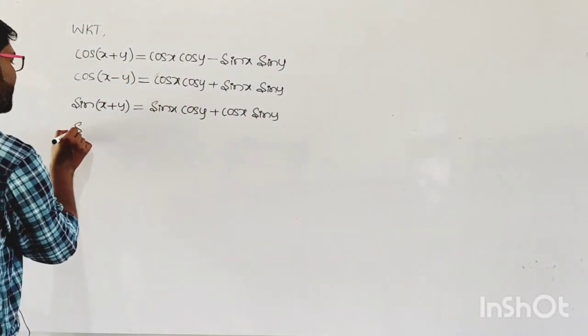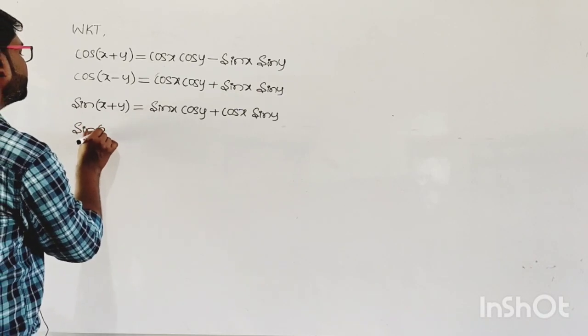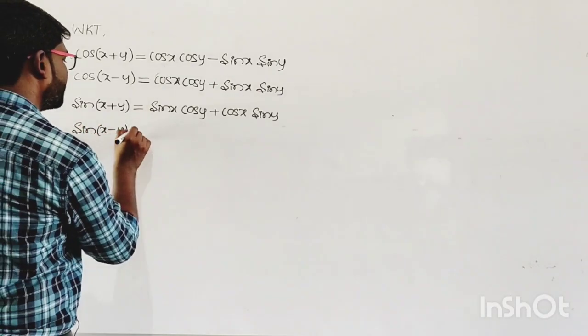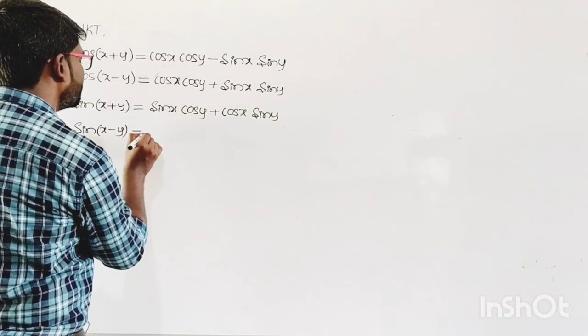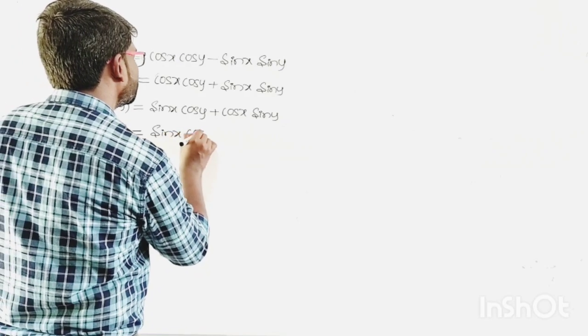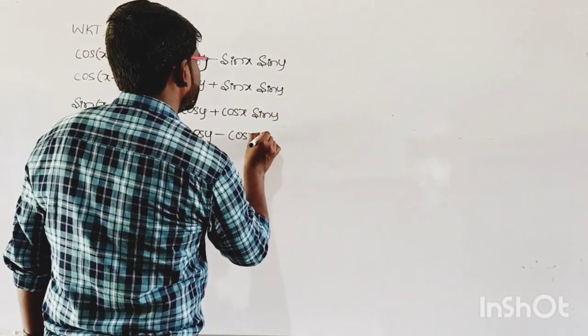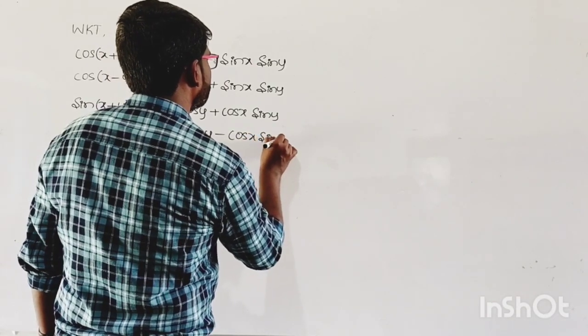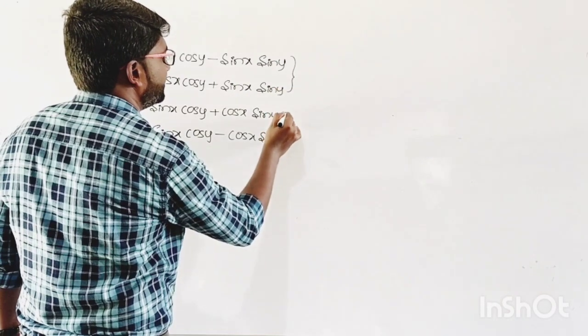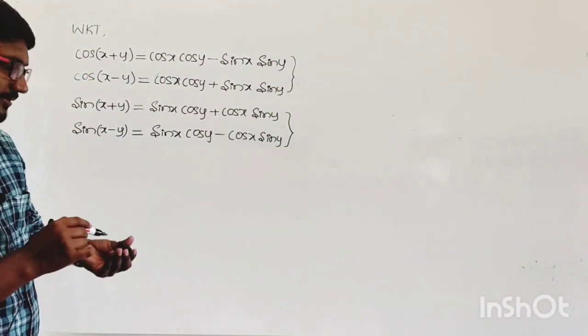Then sin of (x minus y) is equal to sin x cos y minus cos x sin y. So we have this set and the second set of formulas.